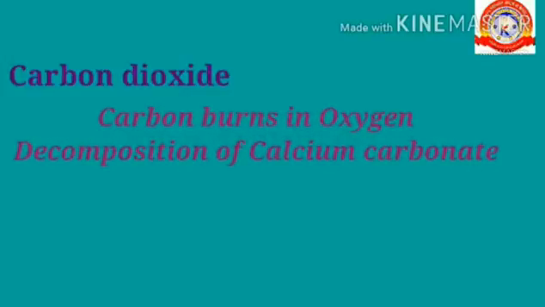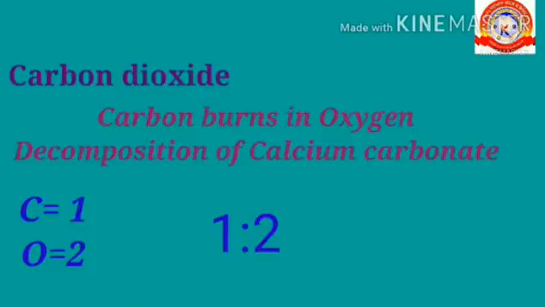Carbon dioxide is formed when carbon burns in oxygen, and it is also formed by the decomposition of calcium carbonate. Whatever be the source of a compound, a fixed ratio is maintained between the atoms of the different elements present in it. In a carbon dioxide molecule, the ratio of carbon atoms to oxygen atoms is always 1:2. Thus, a carbon dioxide molecule can be represented as CO2. This type of representation is known as the chemical formula of the compound.